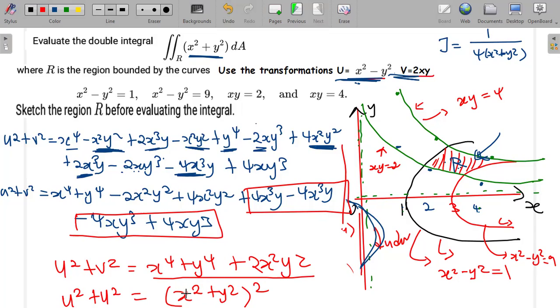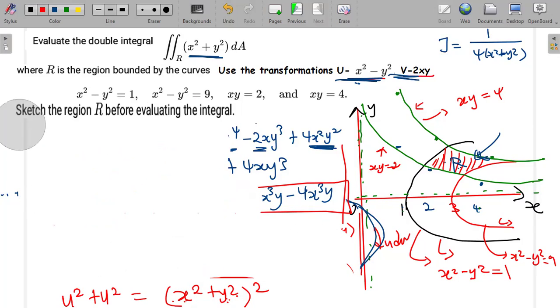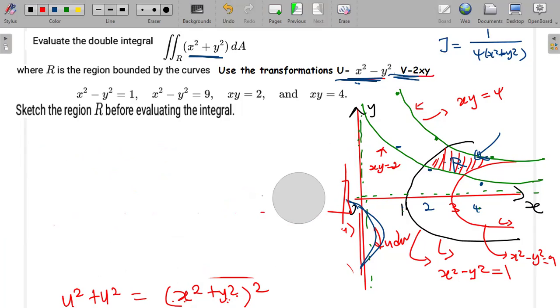So x squared multiplied by x squared, I get this. Y squared multiplied by y squared, I get this. And then x squared multiplied by y squared, I get one x squared y squared. Y squared multiplied by x squared, I get another, and then I add them, I get 2. Okay, so that's what's important there. This one actually is going to help us.